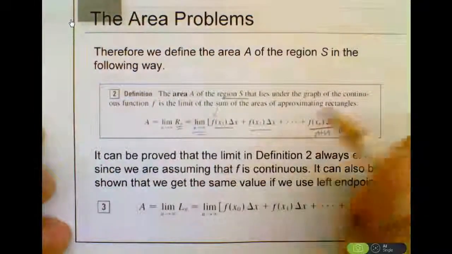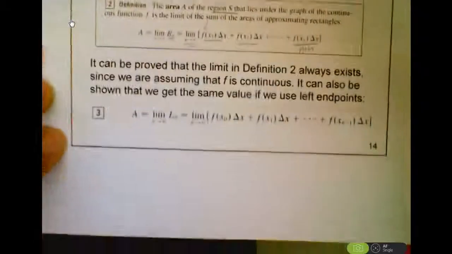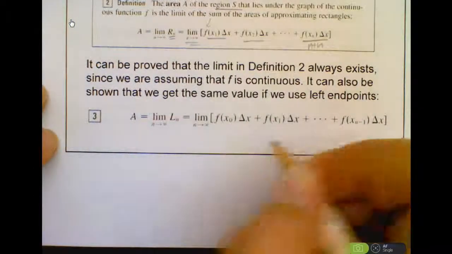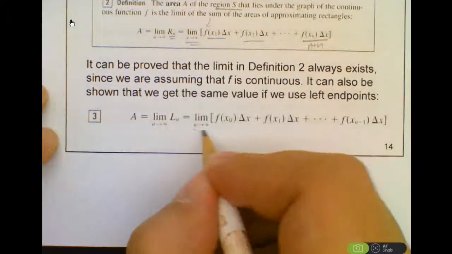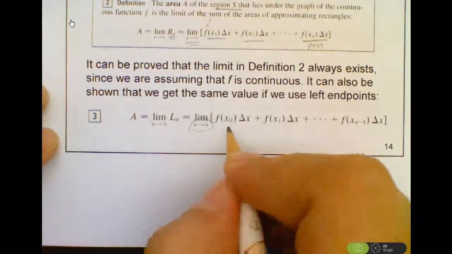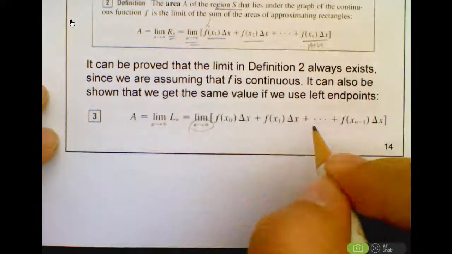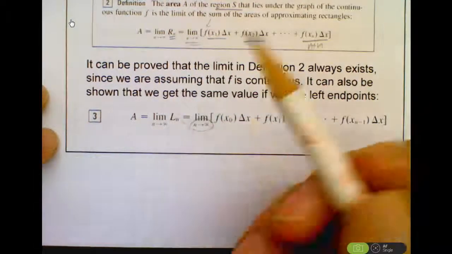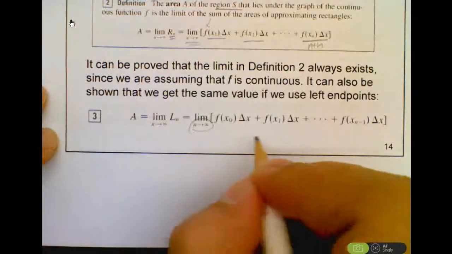Now we can apply this definition also to the left endpoint, and we're not afraid to do that because we know that as the rectangles get many more, the limit is going to make sure that, whether from the right or from the left, we're approaching the correct value.